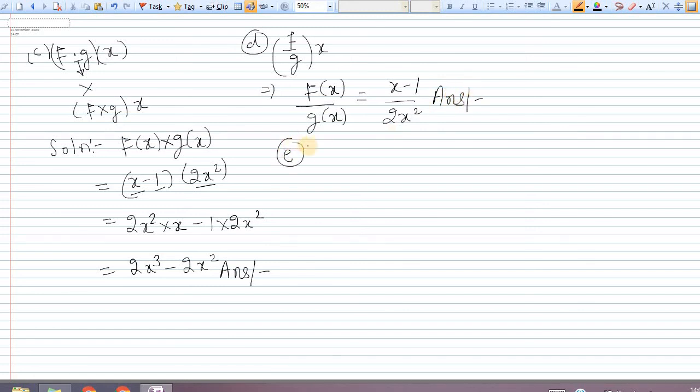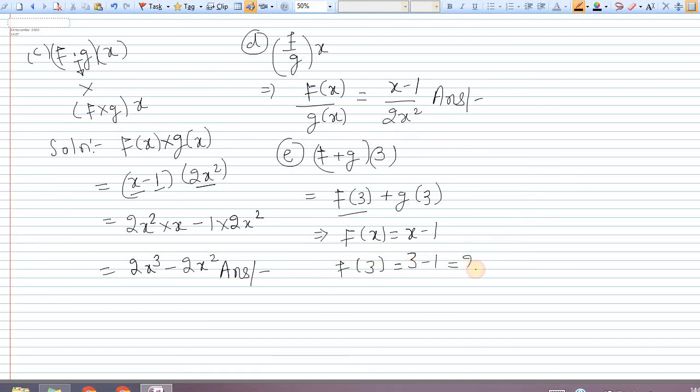Now coming to the E part, it is (f plus g)(3). So we know that this can be written as f(3) plus g(3). Now f(3): if f(x) is equal to x minus 1, then f(3) is 3 minus 1, that is 2.